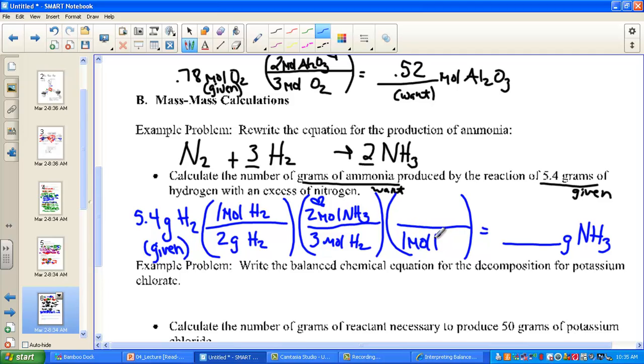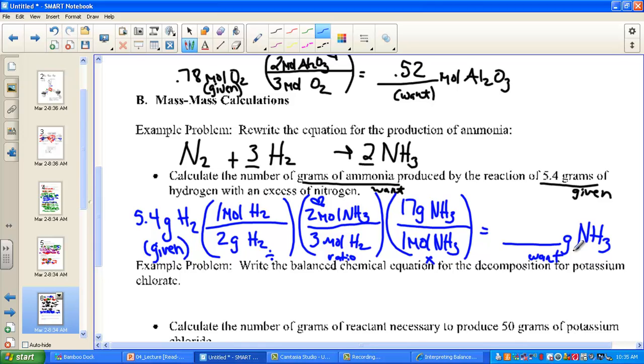I know that for every 1 mole of NH3, the formula weight of N and 3 H's added together is 17 grams. Nitrogen weighs 14. Each of the hydrogens at 1 apiece gives me the sum of 17 grams for the molar mass. We divided, we ratioed, we multiplied. The 3 steps of stoichiometry to move me from a given quantity of grams to a calculated want quantity, grams of ammonia. Now hit with me, make sure we get a common answer.